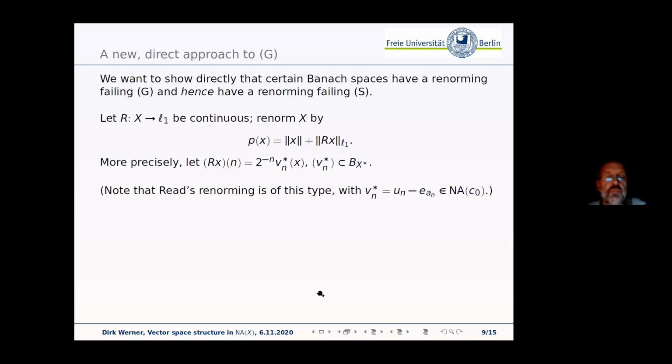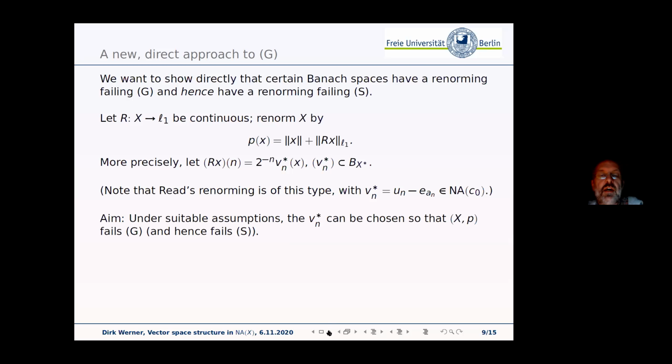So here's our ansatz, how to proceed. And of course, the main point is to choose these functionals v_n star. So the v_n star are at our discretion, and we'll try to choose them judiciously so that we can indeed show that the norm-attaining functionals do not contain two-dimensional subspaces.